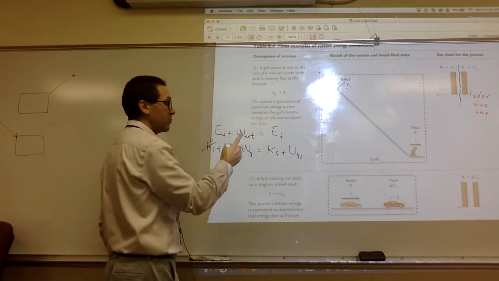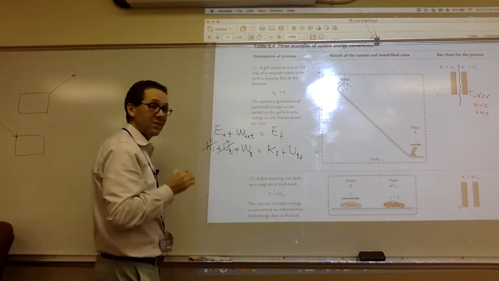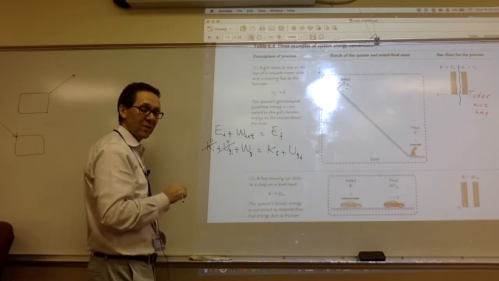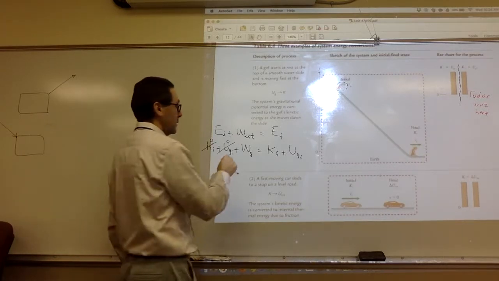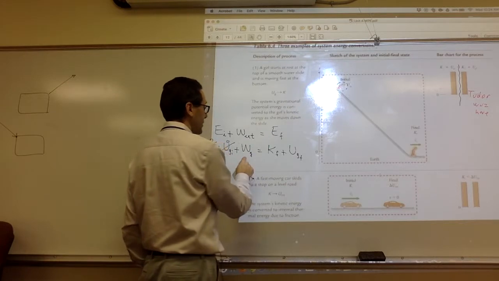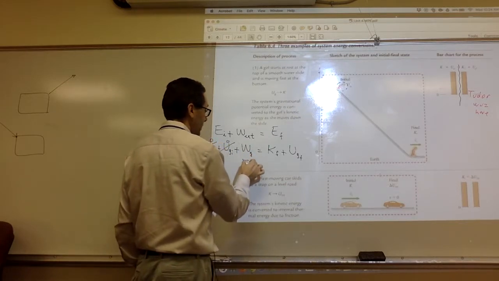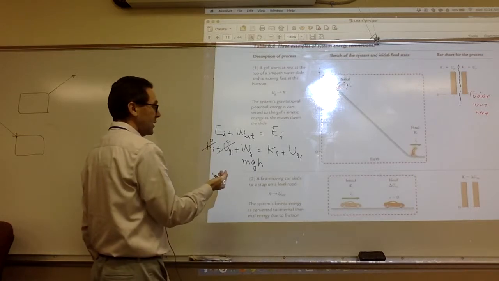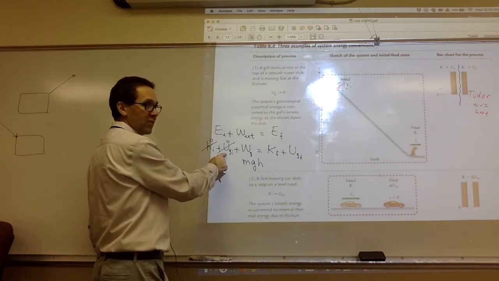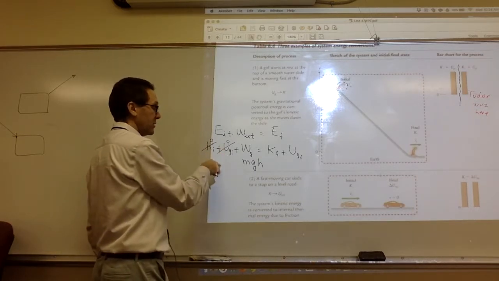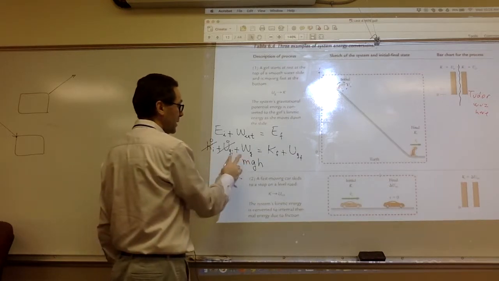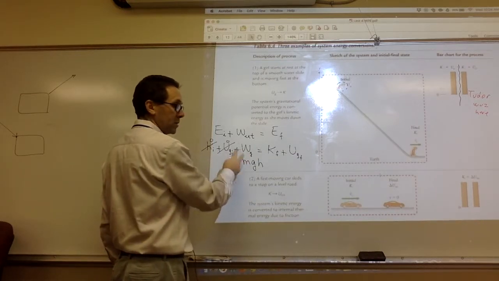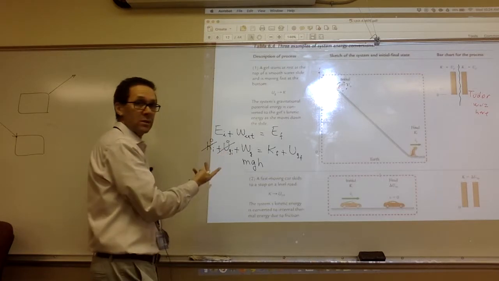Because the Earth is not part of the system, she has no gravitational potential energy. It's extremely important we understand that. Now, the work done by gravity is just going to be mgh, right? Well, mgh was also the gravitational potential energy when the Earth was part of the system.